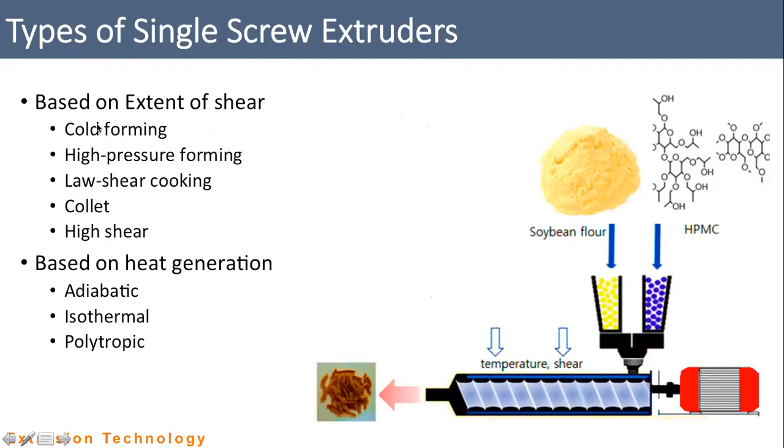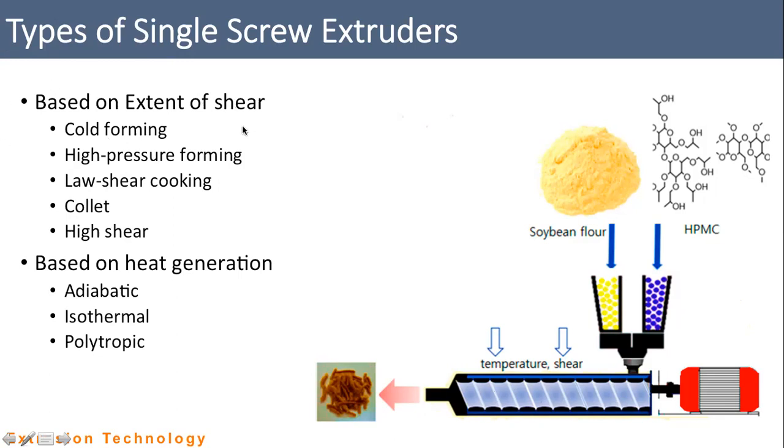Then there are cold forming extruders, high pressure forming extruders, low shear cooking extruders, collet extruders, and high shear extruders. There are several extruders based on their shear. Shear means the pressure inside the barrel. We will discuss all these things later. Don't worry. I just want to show you the classification.